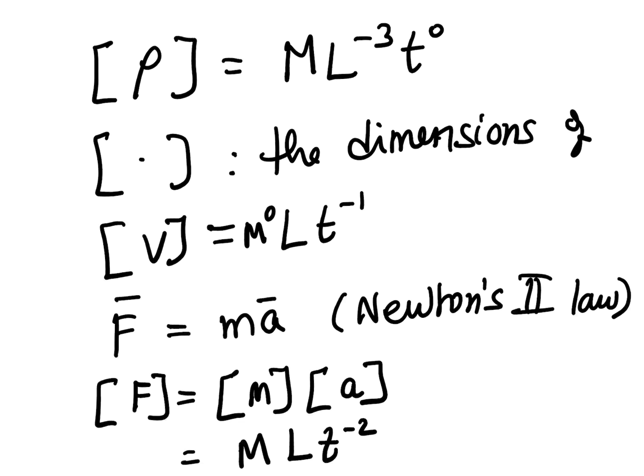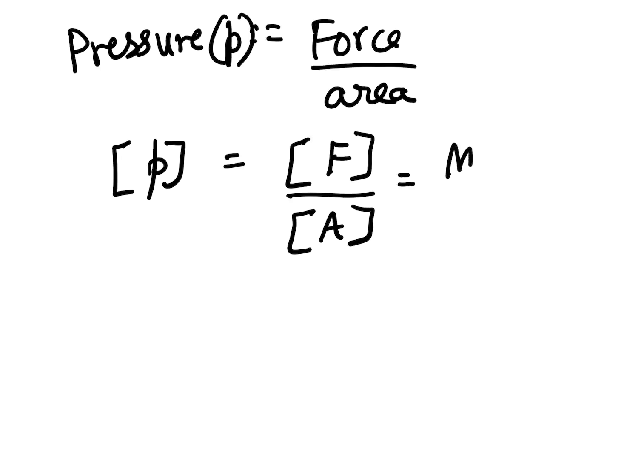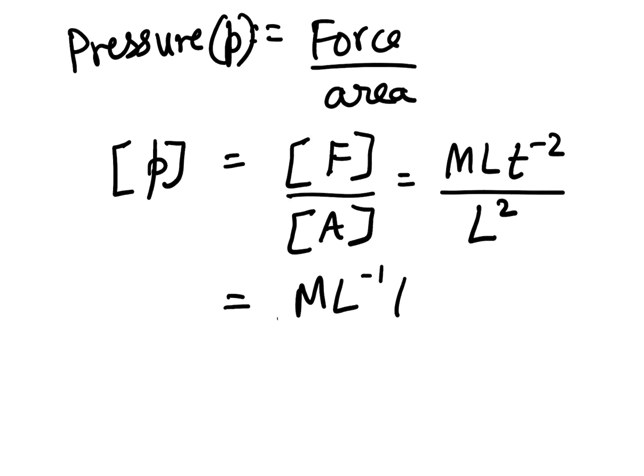We just saw the dimension of force, which is mLt power minus 2, divided by the dimension of area. Area is length squared. You know this. Area of a circle is pi r squared. Area of a square is L squared. So this is L squared. So the dimension of pressure would be m L power minus 1 t power minus 2.